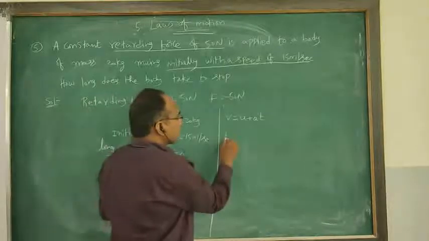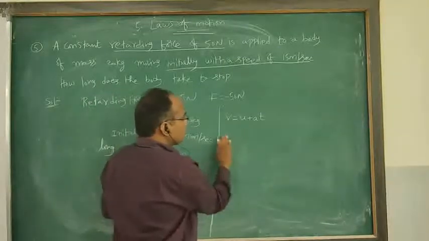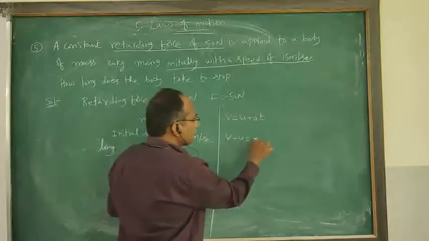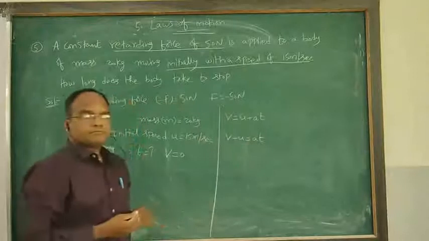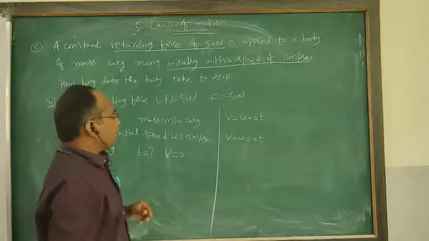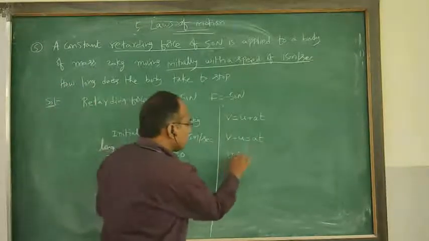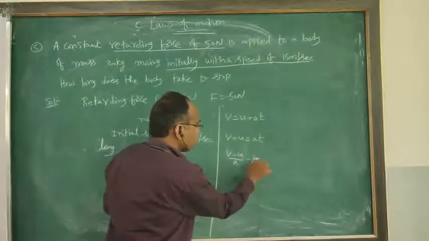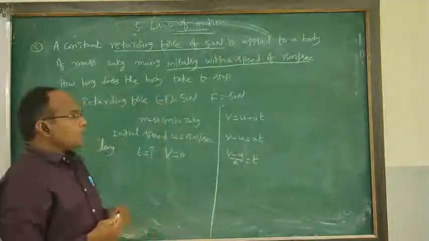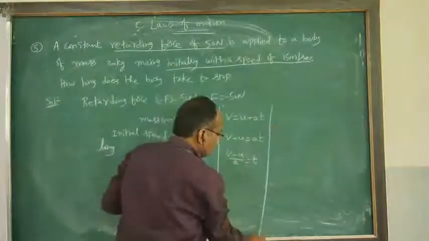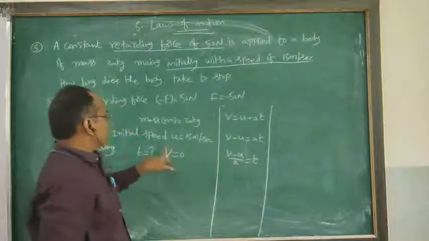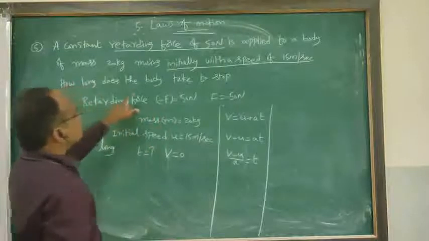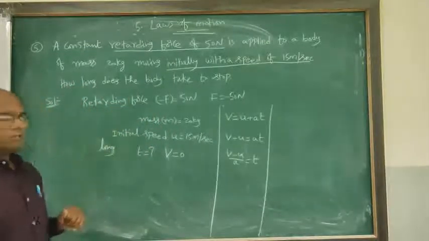So v minus u is equal to a into t, so v minus u divided by a is equal to t. Now here v is there, u you know, and acceleration we have to find out.